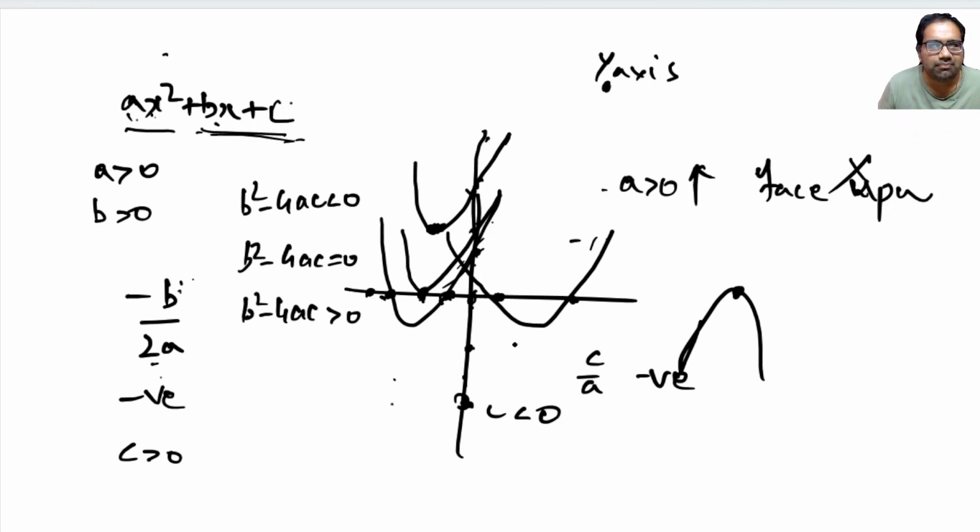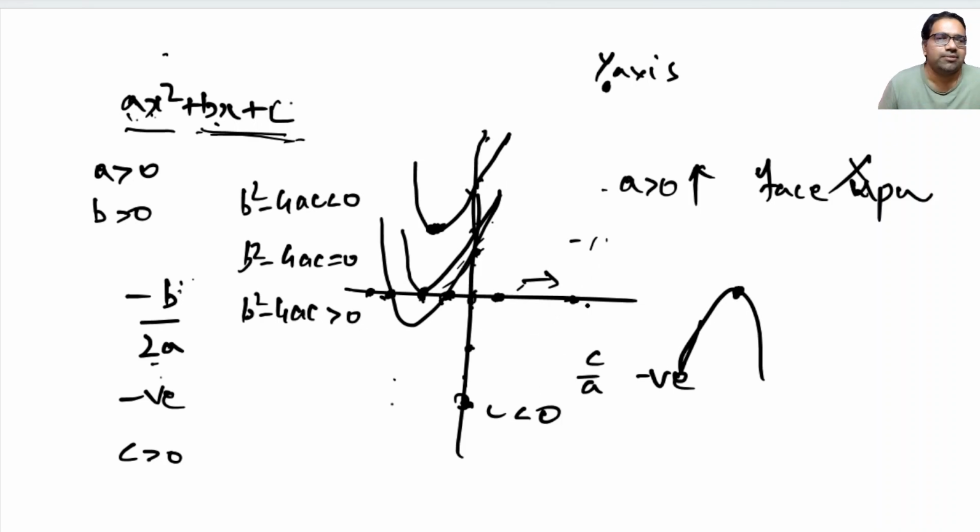Because in this case, minus b by 2a is positive. In this case, minus b by 2a, because this is the positive axis, right? It has to be positive. But in our case, this is not positive. In our case, it is negative. So this graph is ruled out.